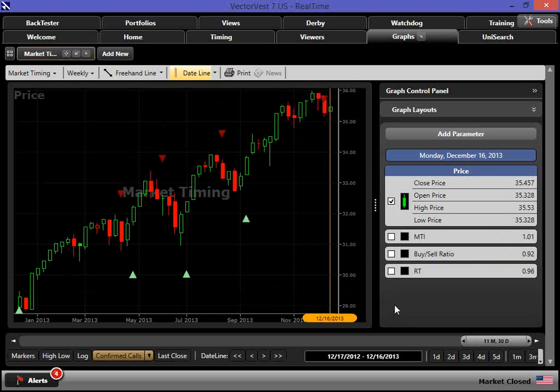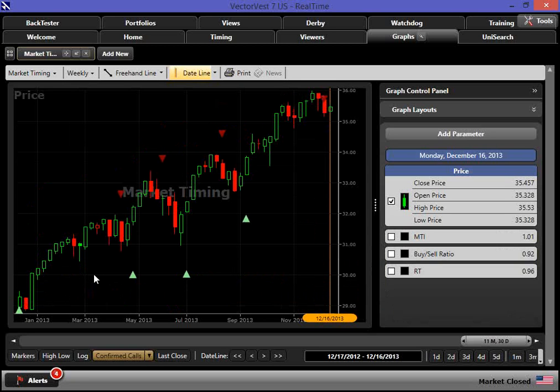The tool, this analytical tool, was designed by an engineer who said, you know, when you want to know the truth, you go to the data, right? And so VectorVest is all about crunching the data and giving us information that we can use. So that's how we developed or started this market timing system, with the primary wave being this change in the week-over-week price of the VectorVest composite.